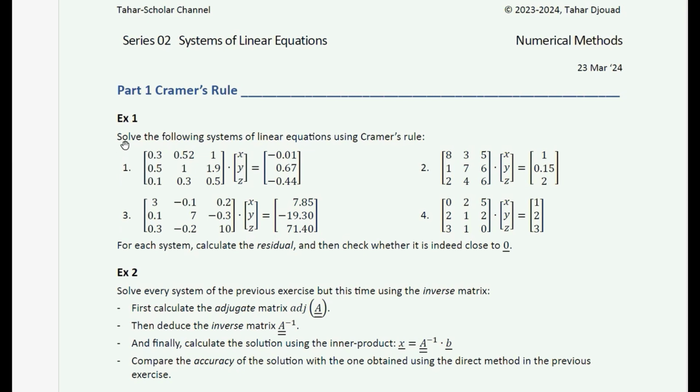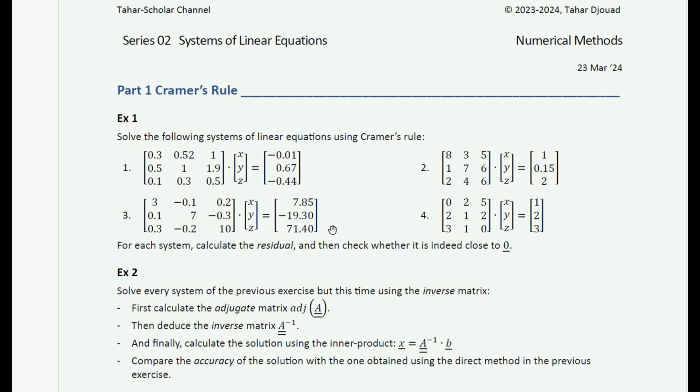Very simple. Exercise number 1, solve the following systems of linear equations using Cramer's rule. So we have 4 systems, 3 by 3, because we have said that Cramer's rule is best suited for small matrices, 2 by 2 or 3 by 3.